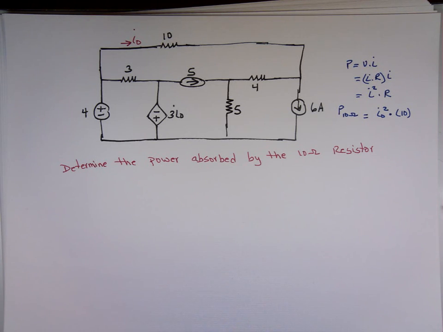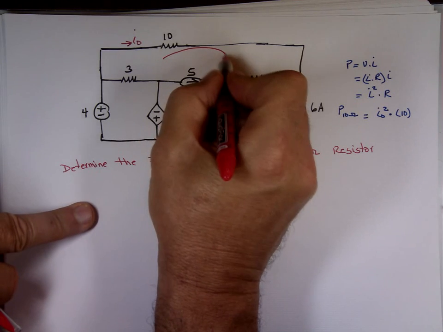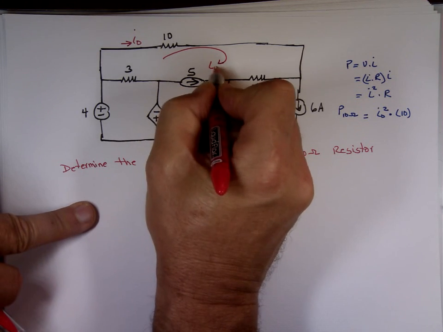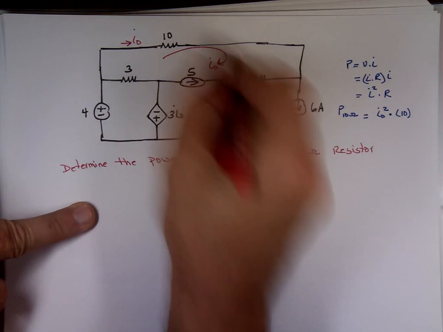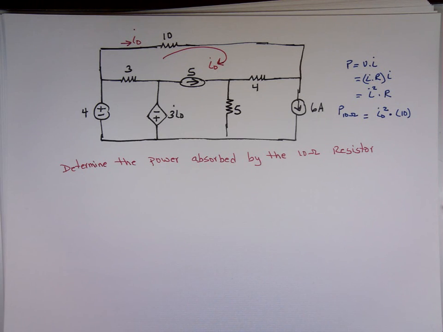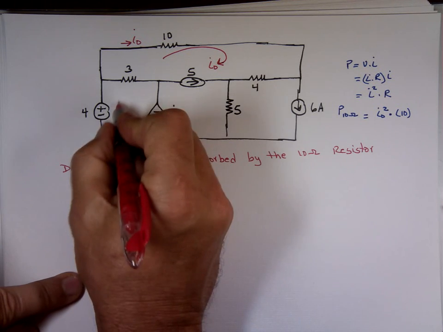We're going to assign current in any direction that you want. So here we go. Since I sub O is going to the right, I'm going to assign current this way, and this will be I sub O. It's the same direction. I sub 1.